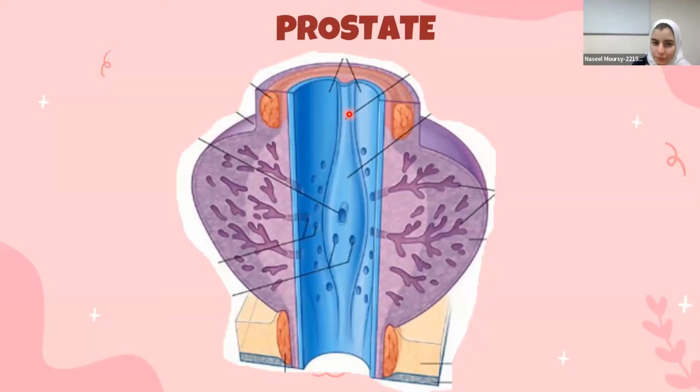We're going from top to bottom now. So we have the urethral crest, and then it goes into what is this part? Before this opening, we have a dilated part here. What would this be called?